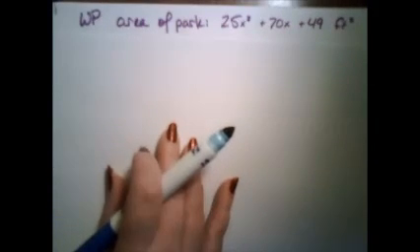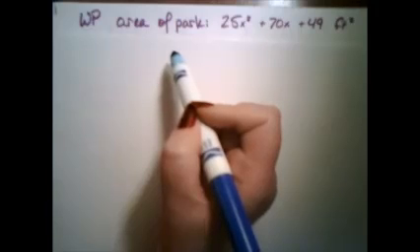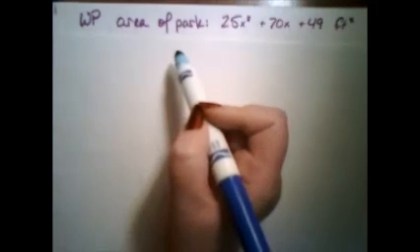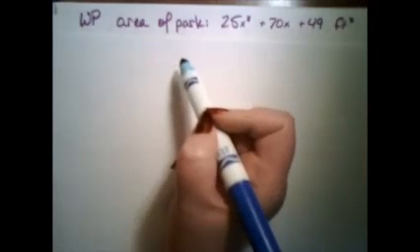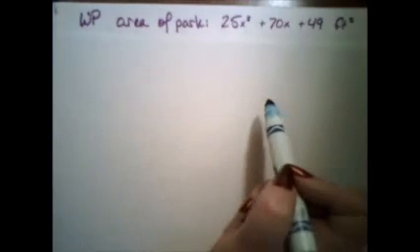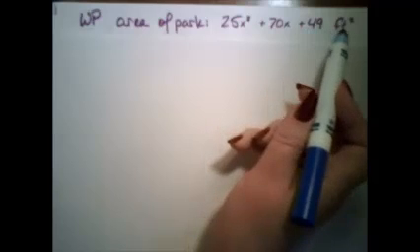Example 2 shows us word problems, and it gives us a park in the center of the Place de Vosges in Paris, France, is in the shape of a square. Now we know a square has all equal sides. And the area of the park is this.